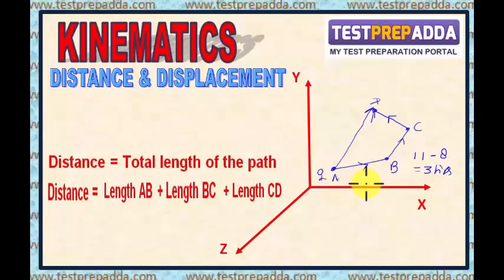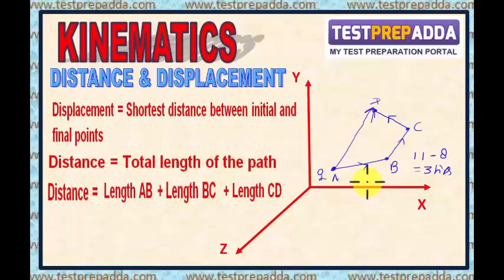So how will you define displacement? Displacement is the shortest distance between initial and final points.